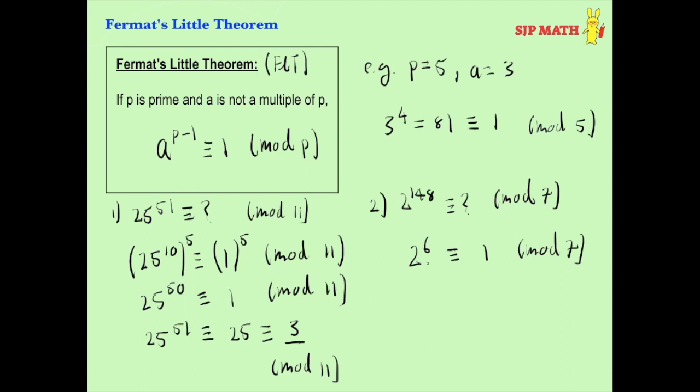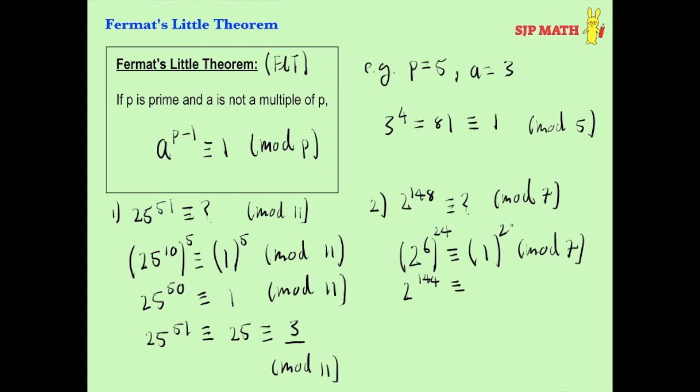Since 144 is a multiple of 6, we're basically just setting both sides to a certain power, to the power of 24.